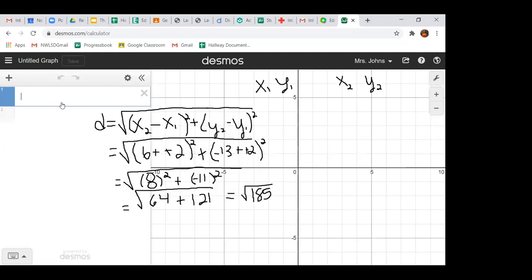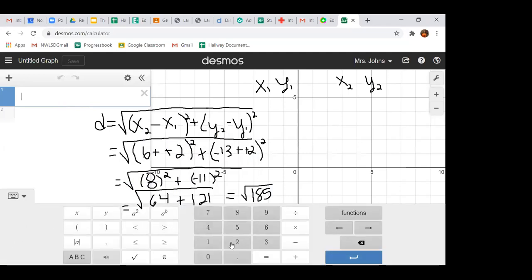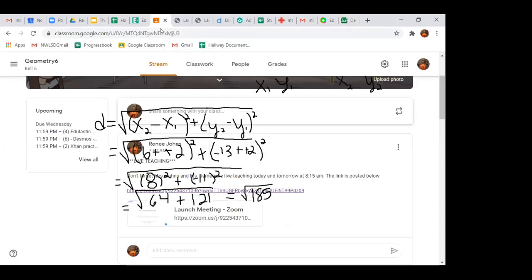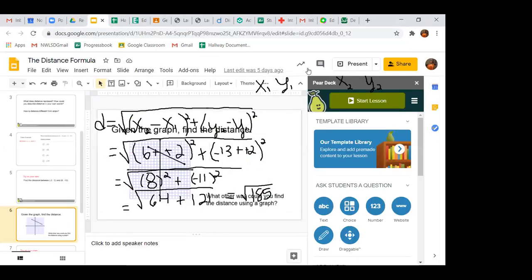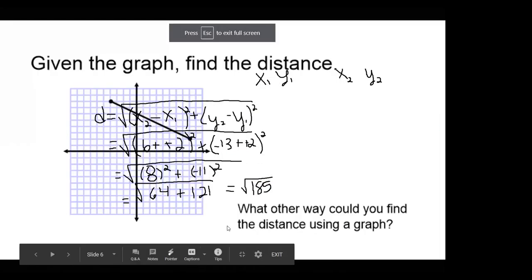Okay, so I'm just gonna type in, there's my square root of 185. What do we see here? We see a 13.6. Is it a perfect square? No, it's not. So we may keep it like this.